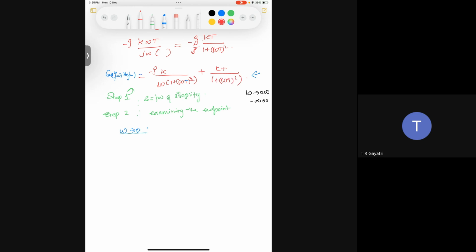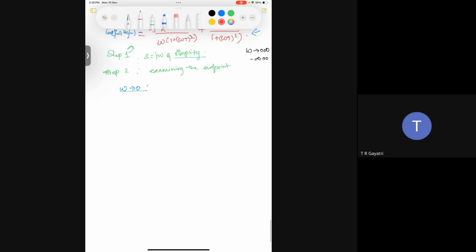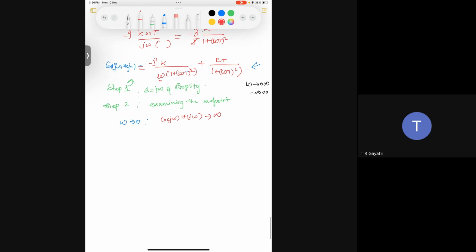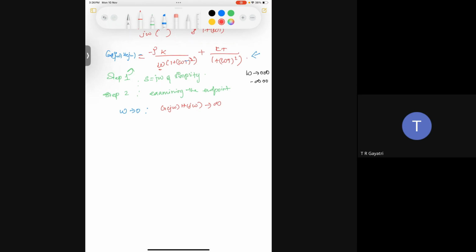So when omega goes to 0, since omega is in the denominator, it will make it infinity. So G of j omega into H of j omega will be infinity, because there is addition. So anyway, infinity plus anything is infinity.